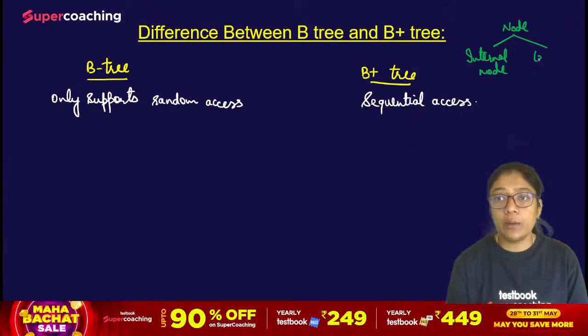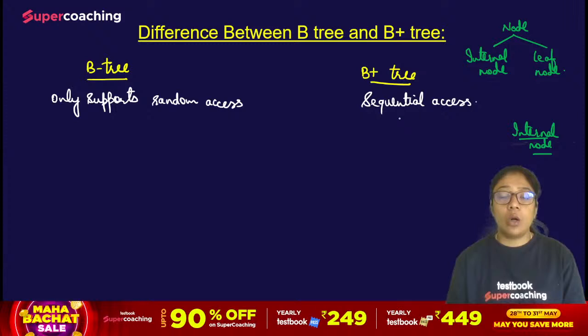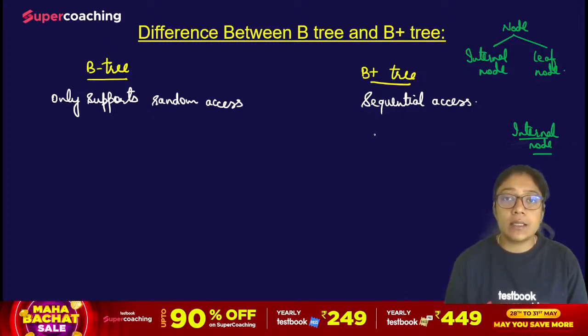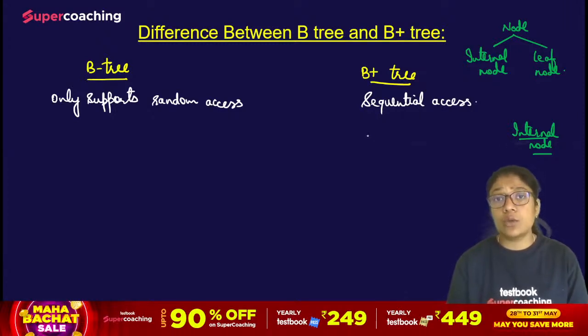It's very important, because if you have understood these differences, then you will easily be able to understand the concept of B tree and the B plus tree. So, internal node and leaf node. First of all, let's talk about the structure of the internal node. In case of B plus tree, all the record pointers will be maintained at the leaf level. Okay, so there is no requirement of the record pointer at the internal level.